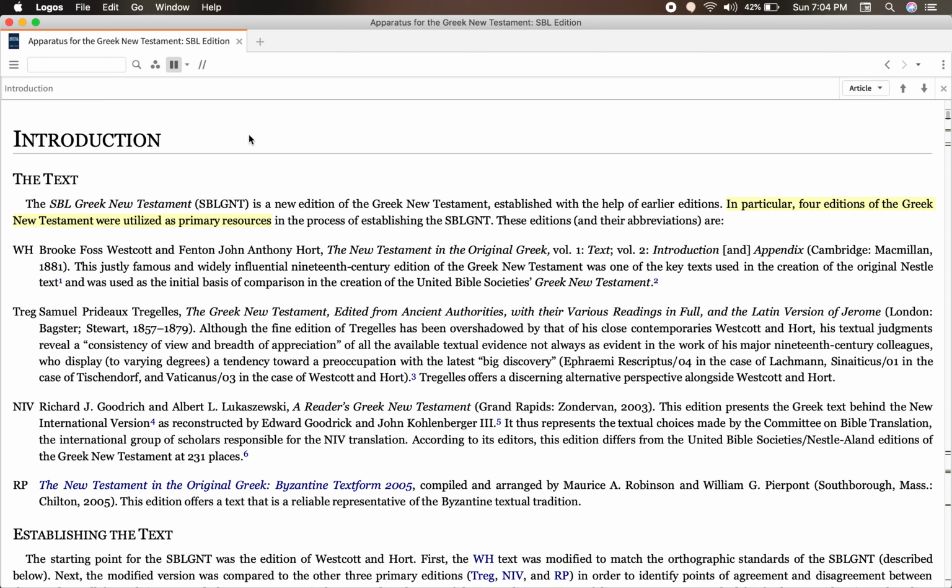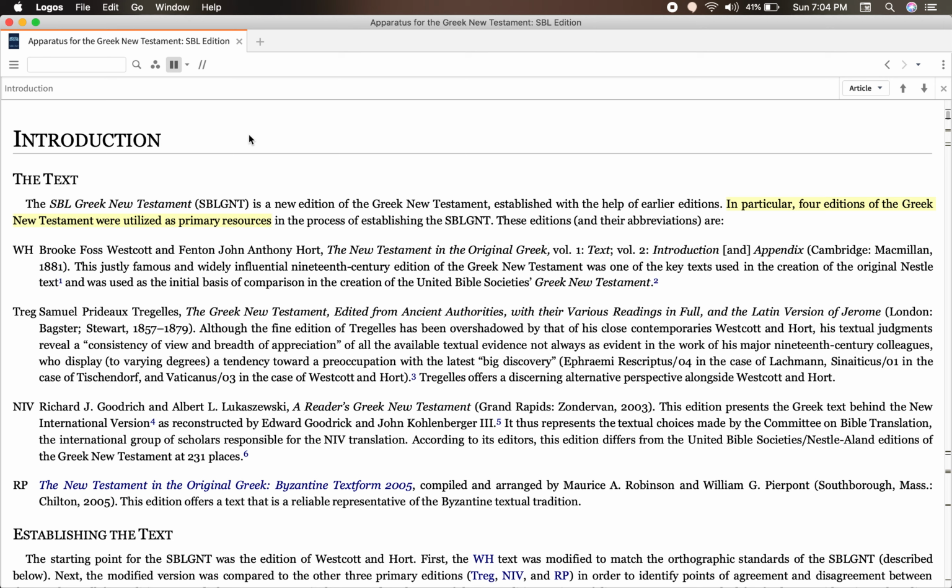Well, a critical edition is simply a compilation of all of the readings or variants into one single volume. So what they've done was they've looked at all the manuscripts in all these different languages, Greek and Latin and Syriac and all the other languages of the New Testament, and they've decided which ones are the best readings, and they've taken those best readings and put them into a single edition.